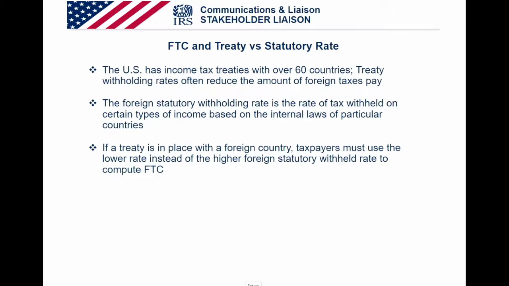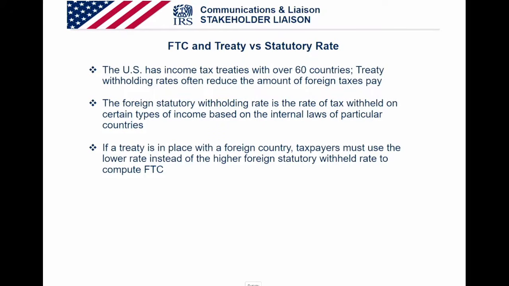And that excess is not deemed compulsory and therefore fails the previously listed fourth requirement. If a lower treaty rate exists, taxpayers are only allowed to claim the lower treaty rate. And if the taxpayer wants the excess back, they have to invoke the treaty and file an amended return with the foreign country.